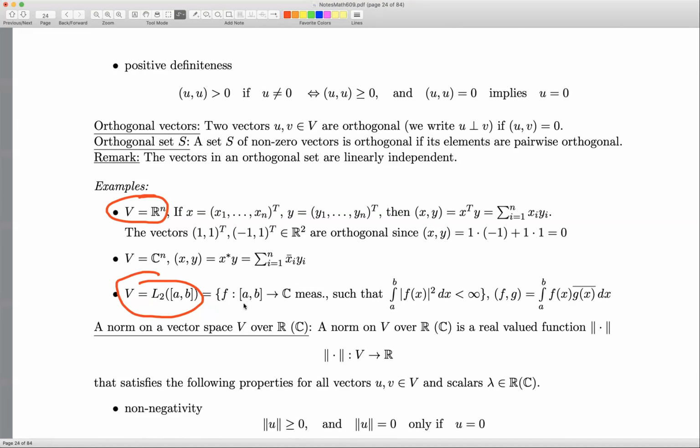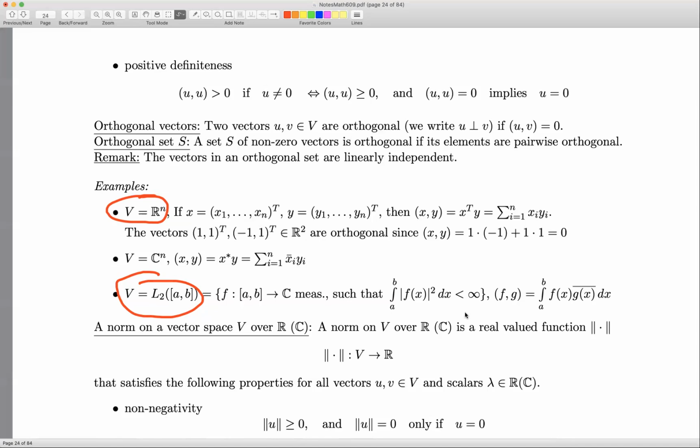We'll talk about functions that are defined on a finite interval. However, this can be done for an infinite interval as well, it doesn't matter. These are the set of all functions defined on an interval and taking complex values. They can take also real values, which are measurable, and such that the Lebesgue integral from a to b of the absolute value of f(x) squared dx is finite.